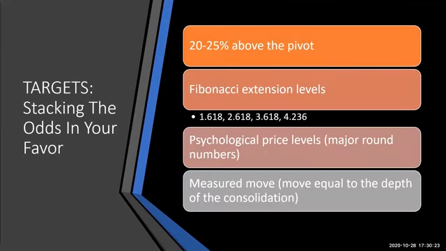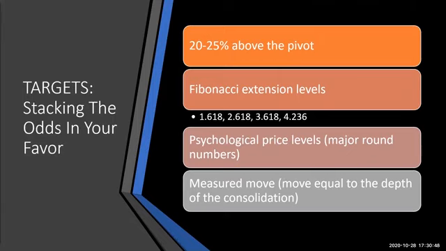And then for targets, stacking the odds in our favor, we want to aim for profit levels that are 20 to 25% above the pivot on any of the patterns that we've looked at already. We want to have Fibonacci extension levels. We want to look at psychological price levels, major round numbers.